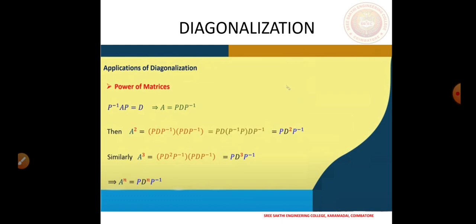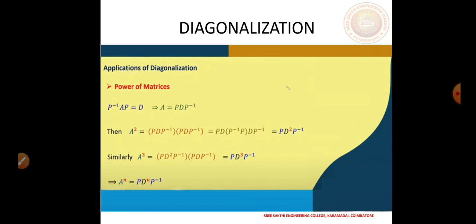P inverse A P equals D, or we can rewrite it as A equals PDP inverse. We multiply by P on the left, so first there will be PD, and then on the right side we multiply by P inverse.